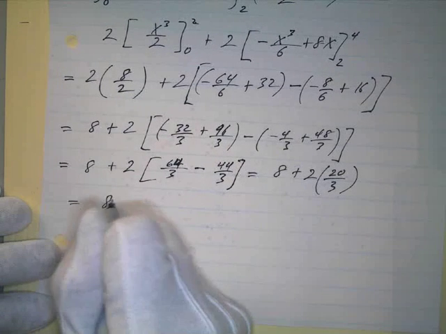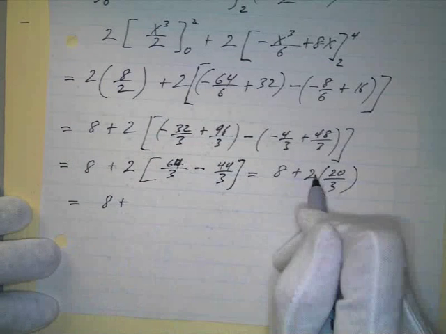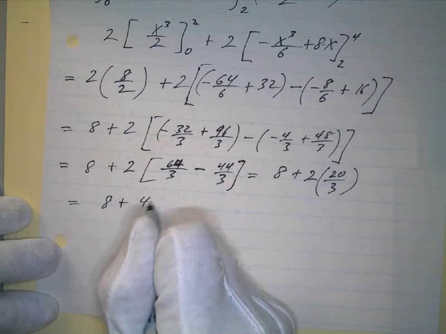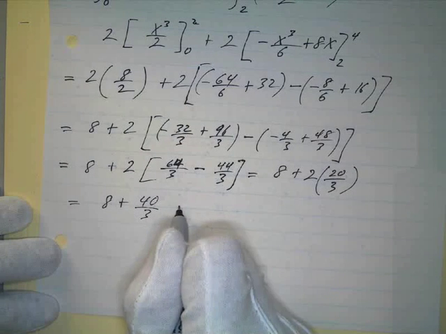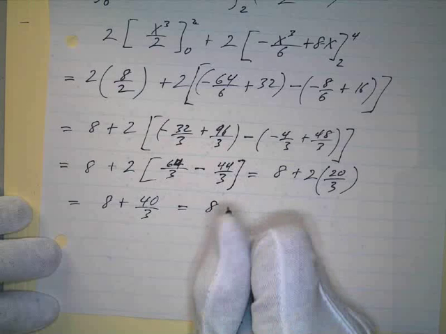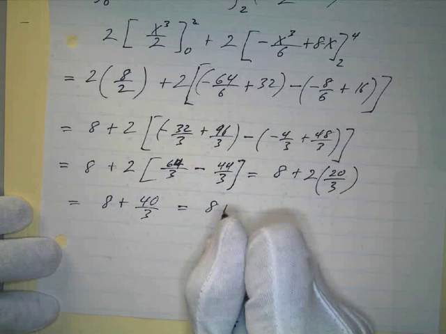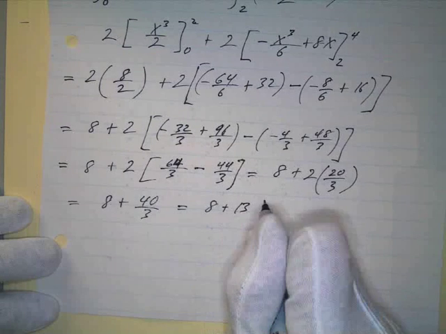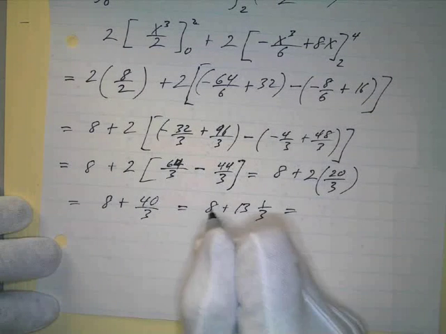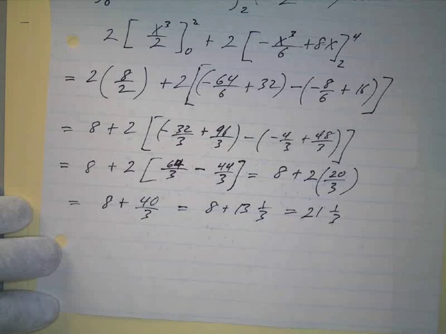Okay, and this ends up equaling 8 plus, and then 2 times 20 is 40, 40 over 3, which equals 8 plus, and then 3 goes into 40, 13 and a third. 3 times 13 is 39, so it's plus 13 and a third. And finally, if we add these up, we end up with 21 and 1/3. So there's your answer, 21 and 1/3.